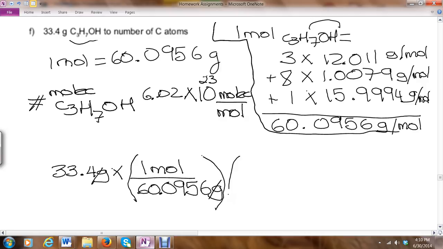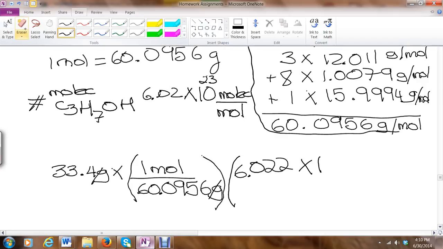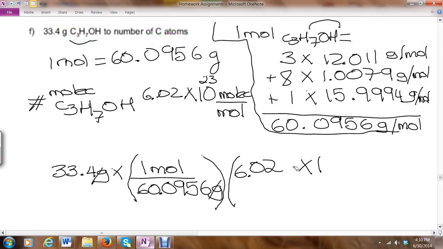So we multiply by Avogadro's number to obtain the number of molecules of propanol. Doesn't matter if I put the 2 or no. You're going to use the one I gave you in the test.